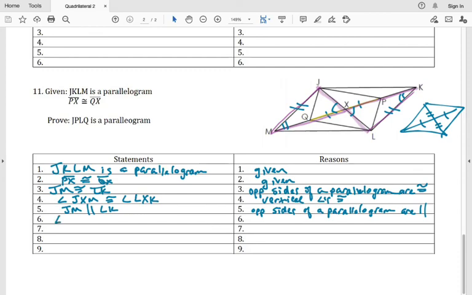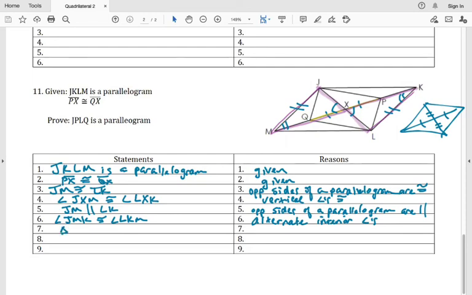So angle JMK is going to be congruent to angle LKM, and that's because of alternate interior angles. Okay. Now, I've got enough to prove that those two triangles are congruent to each other.